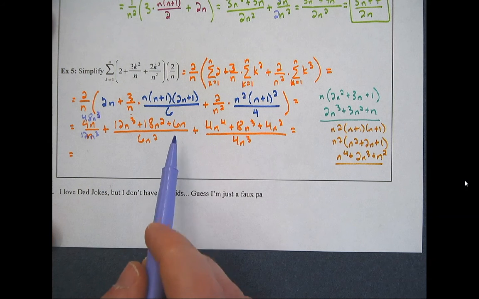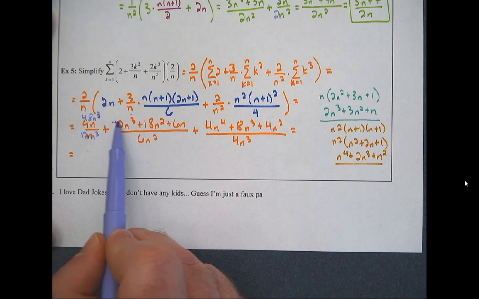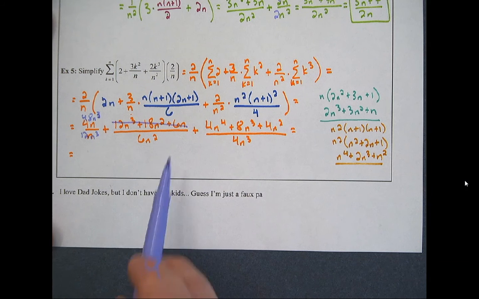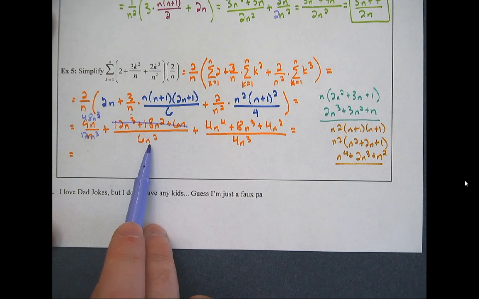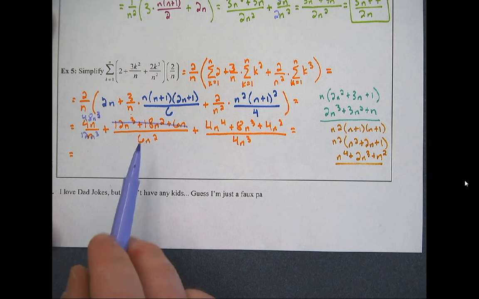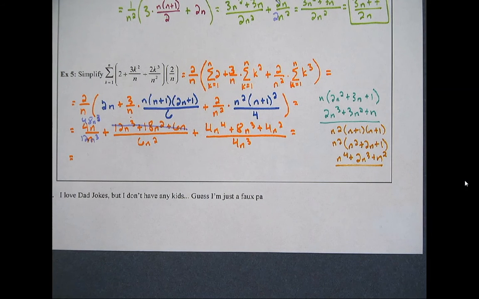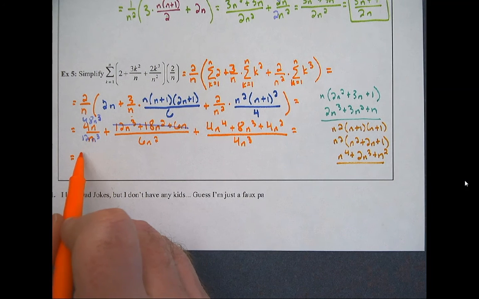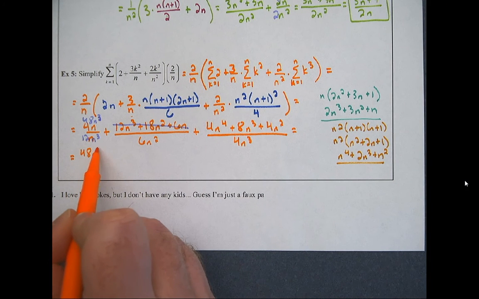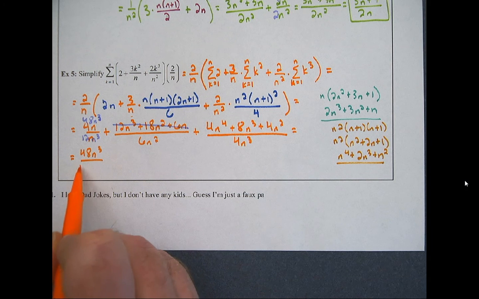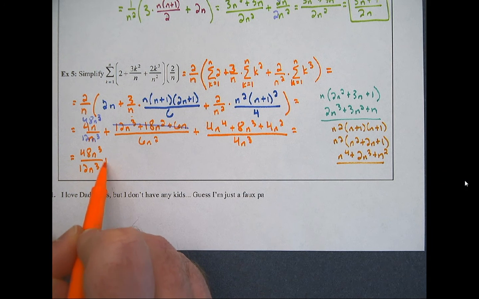Now I'm going to times this. Sometimes it's helpful to just draw a line through there. I need to times this by 2 and then another n. So 2n. I'm running out. I can't see it. Sorry, I'm going to have to rewrite it. So this will turn out to be 48n cubed over 12n cubed plus.